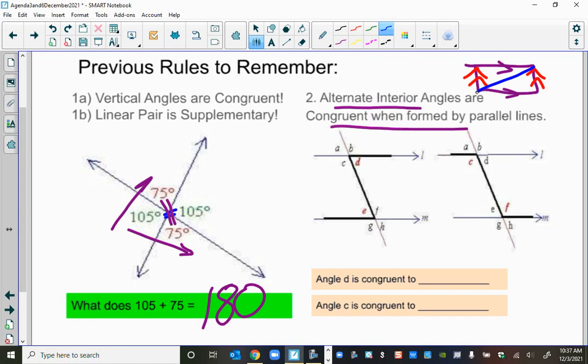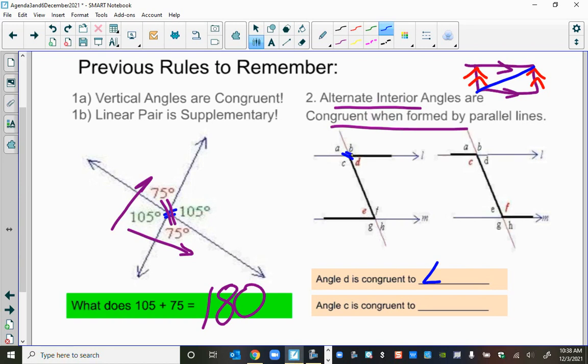So angle D, which angle? Okay, I'll give you that. It also works. A and D would be congruent. I'm not going to say no. Or E, yeah, you're right. A and D are going to be congruent, so I can't say you're wrong because you're not.